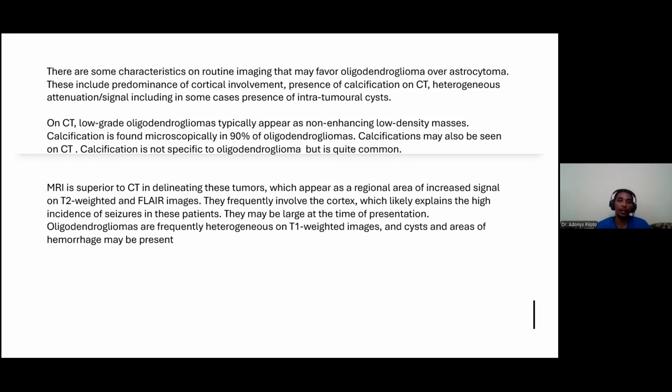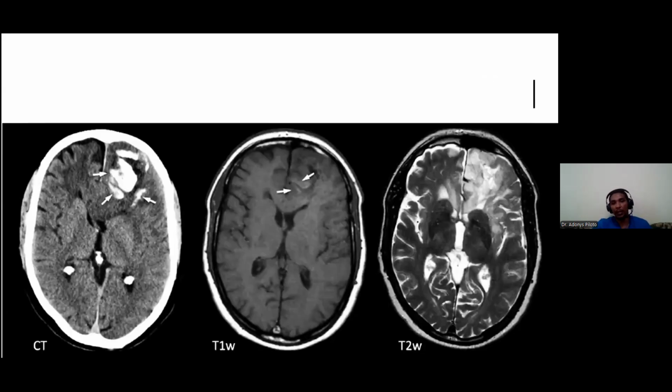Oligodendrogliomas are frequently heterogeneous on T1 images, and cysts and areas of hemorrhage might be present too. This is an example of oligodendroglioma. We see a CT scan here that shows mainly calcifications, and as low-grade glioma in general, T1 hypointensity and T2 hyperintensity.